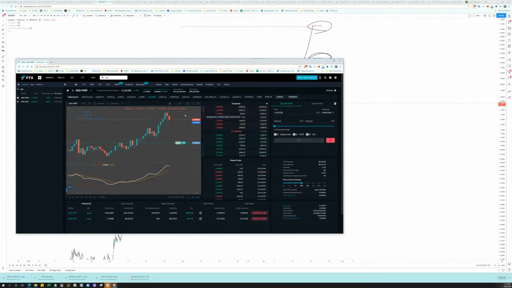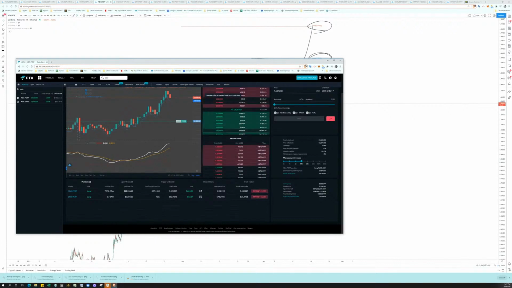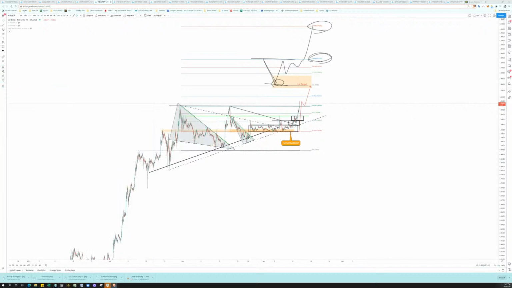There you go. My interest point was there for this one. Just to give you an idea what's going on, I bought a whole bunch here for accumulation, and as it goes up, I'm trading these little bumps. I'm trying to make money out of that, and pretty much to accumulate more ADA or accumulate something else.